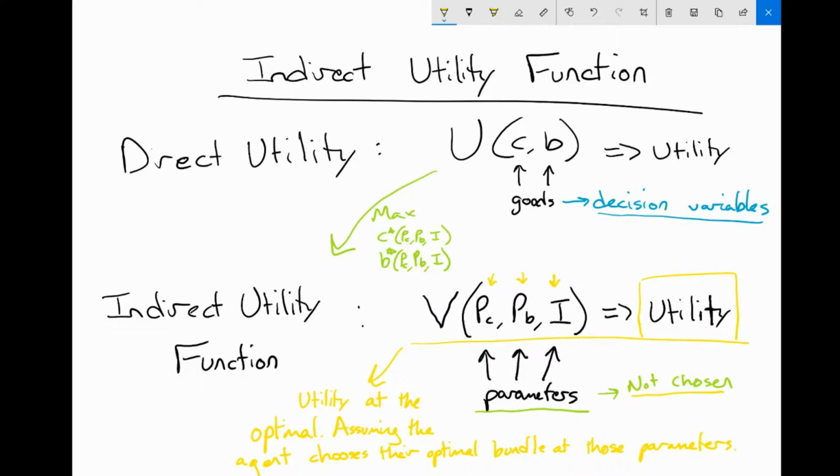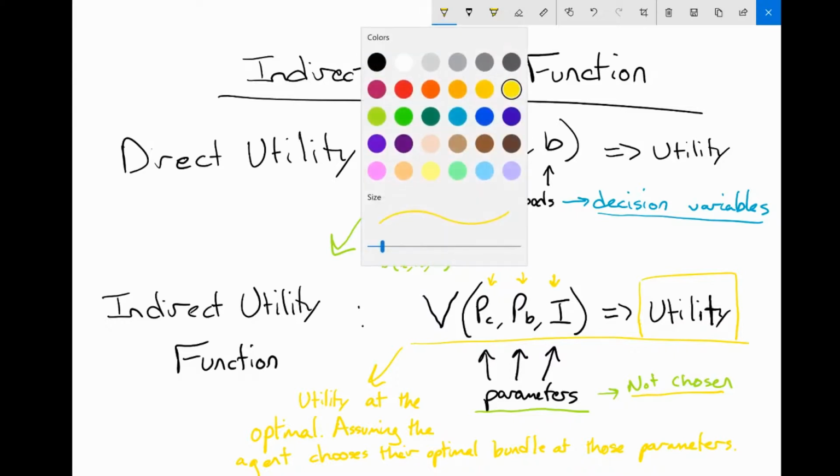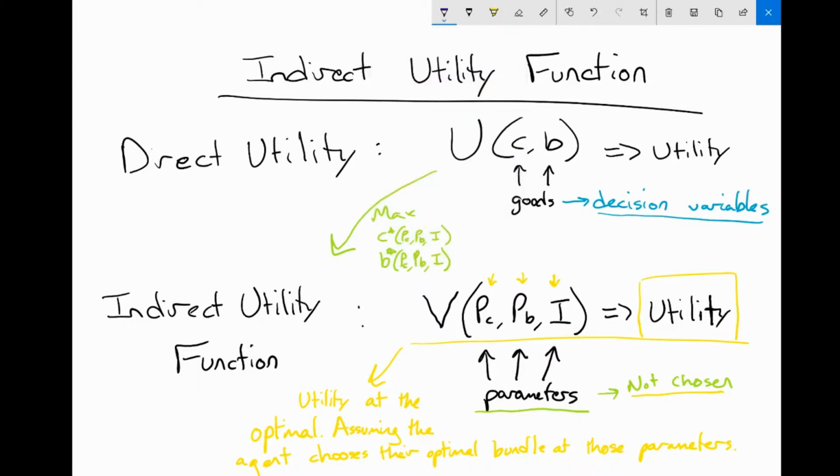Okay, so this indirect utility function is very helpful to us. Let's say we wanted to study how would a change in income affect utility. How does a change in income affect utility? Well, first we need to know what their optimal decision is.